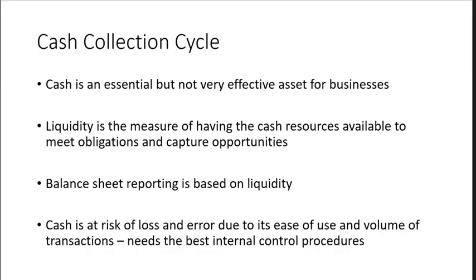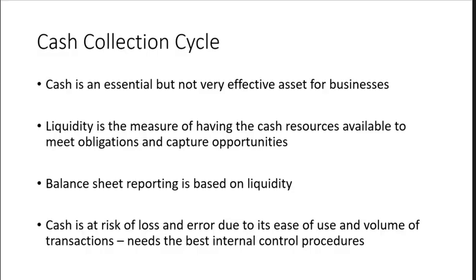And this is important enough that we have a term for it that is sort of unique to business and accounting. Liquidity. And that is the measure of having cash resources available to pay our bills, to go after new opportunities that you need cash to pay for, or some other liquid asset.